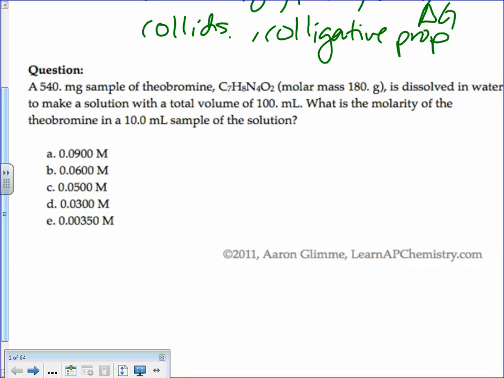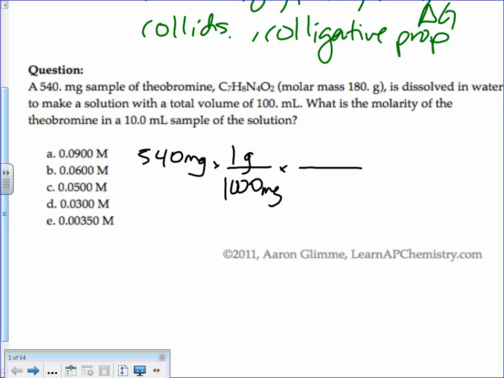Maybe want to start me off on the thought process? 540 milligrams. Yeah. Okay, keep going. Not quite yet. Get that to grams first before we implement, right? So how do I get this to grams? 1 gram is 1,000 milligrams.